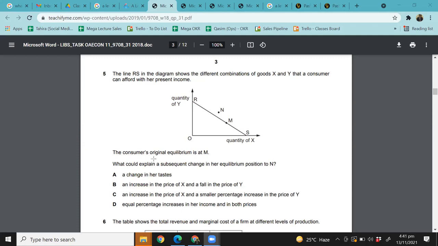Now, this being said, the answer should be B. Because as I told you, B was saying increase in the price of X and a fall in the price of Y. So the product whose price is falling will shift outwards and the other ones will stay the same. And now if you think of how the indifference curve will look, it will look like this. So it's tangent on 2 points.